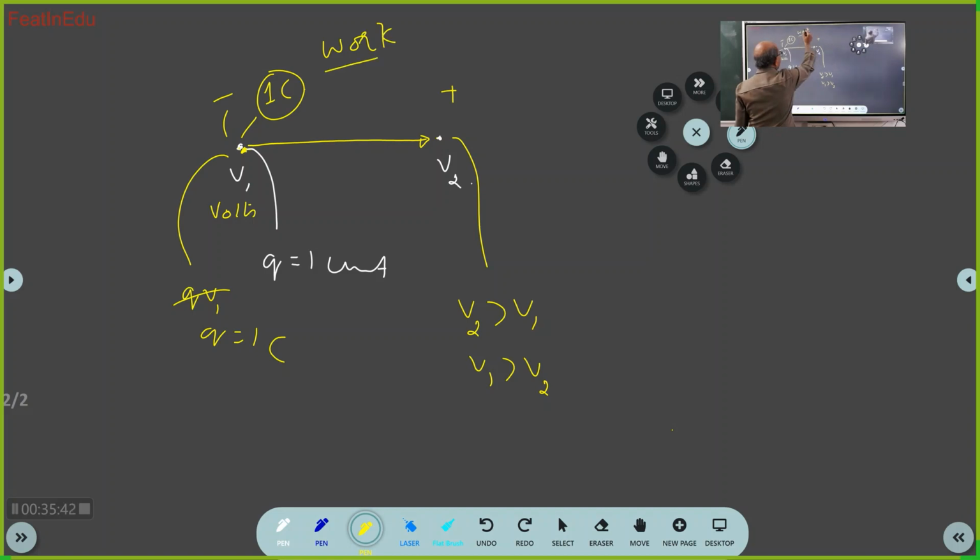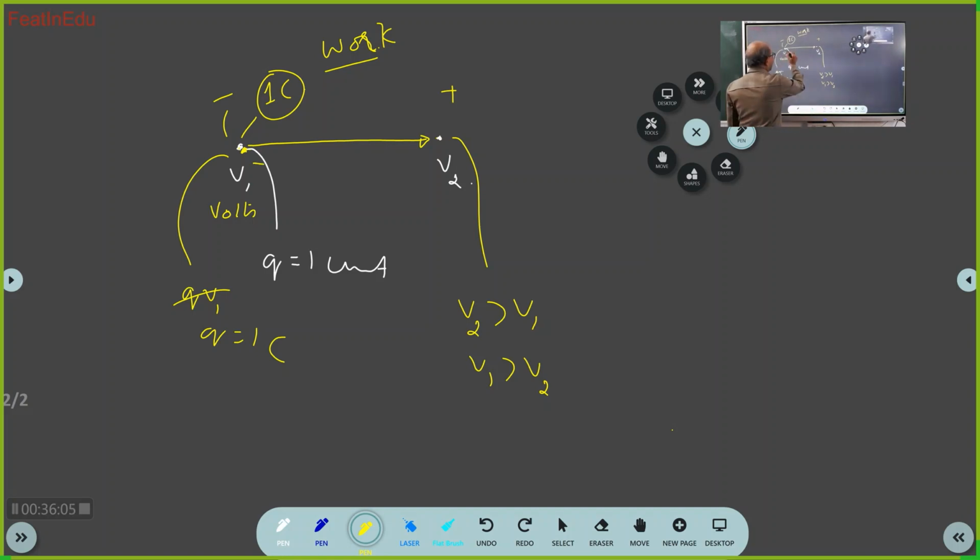If I move it from lower potential to higher potential, I will do some work. If I take a test charge of 1 coulomb and move it from this point to this point, I have done some work.